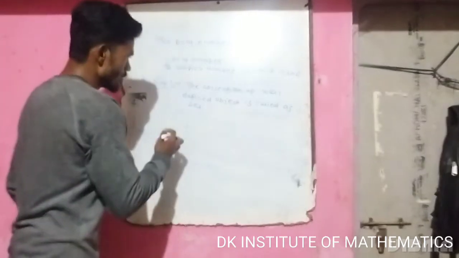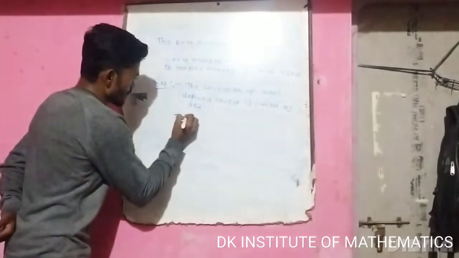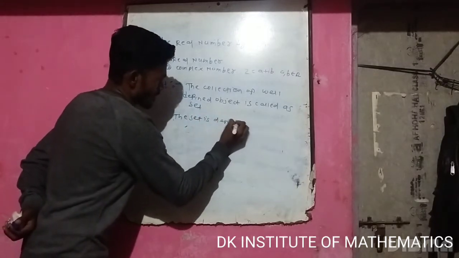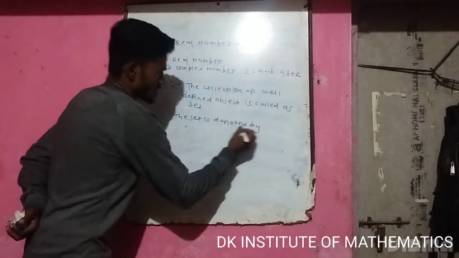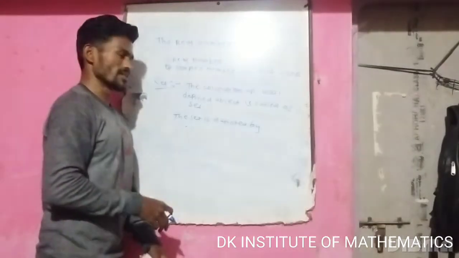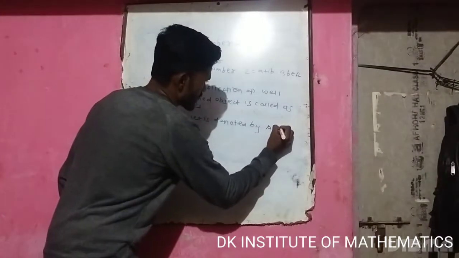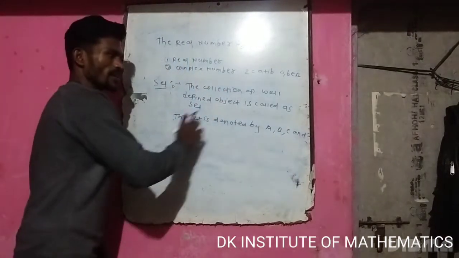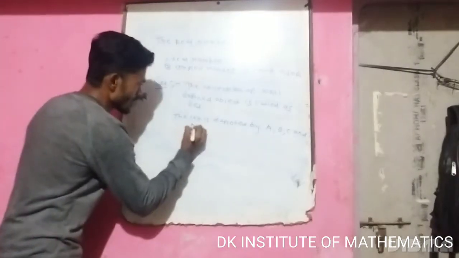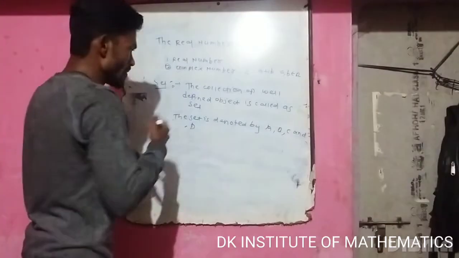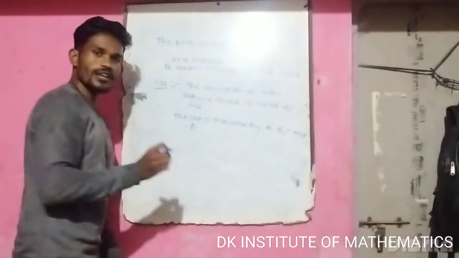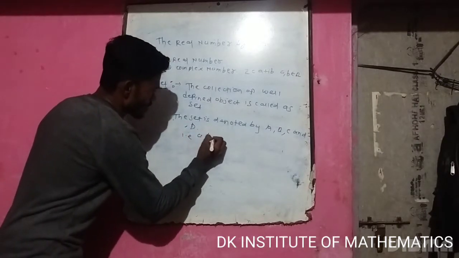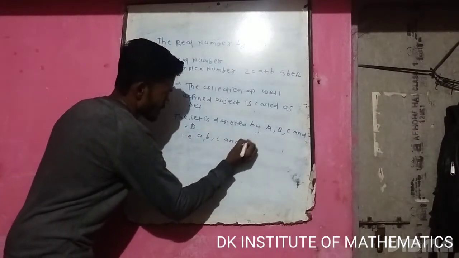Generally a set is denoted by capital letters A, B, C and D, and the elements of a set are written as small letters a, b, c and d.